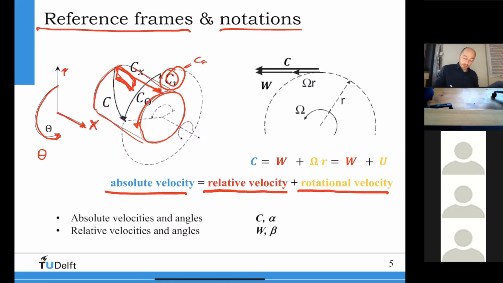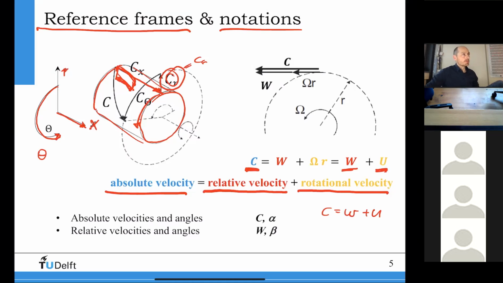Most of the time I will call the absolute velocity C, the relative velocity W, and the blade speed of the rotor U. Also in the book you can see the definitions this way, that C equals W plus U.